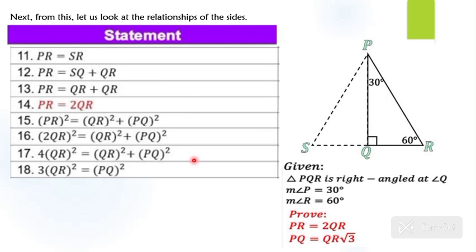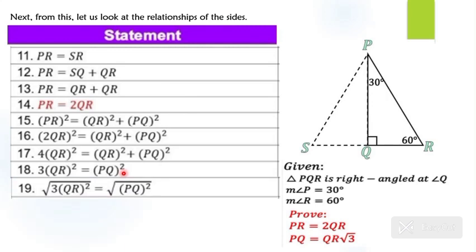So by the subtraction property of inequality, to get our PQ here, we could subtract both sides. If we subtract QR squared on the right side, we could also subtract QR squared on the left side. So we now have 3QR squared is equal to PQ squared.